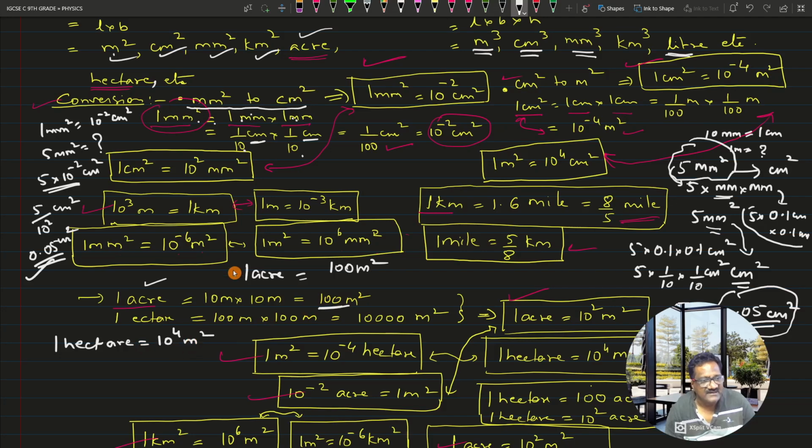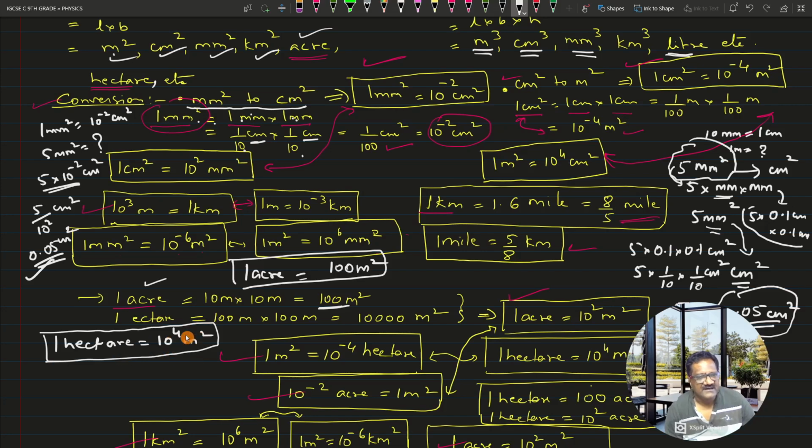So remember this relationship. 1 acre is 100 meters square and 1 hectare is 10,000 meters square, or you can say 10 raised to 4 meters square.